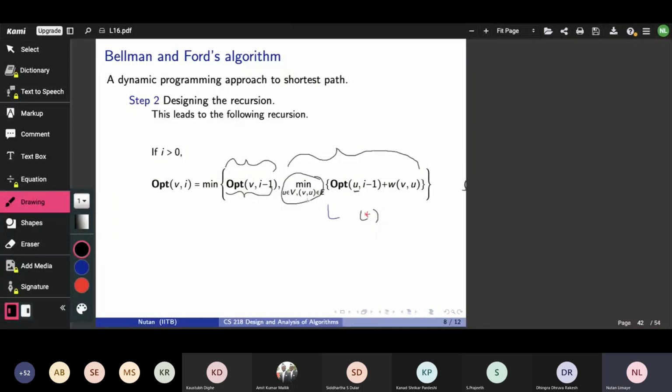So the way I see it, it is not, because I don't assume that there is an edge from a vertex to itself. So when I say min over u such that v comma u is an edge, then u is a vertex strictly not equal to v. Okay. So in that sense, it is really not included in the second term. Any other questions?